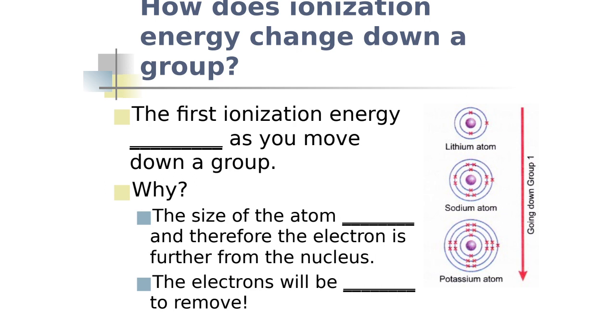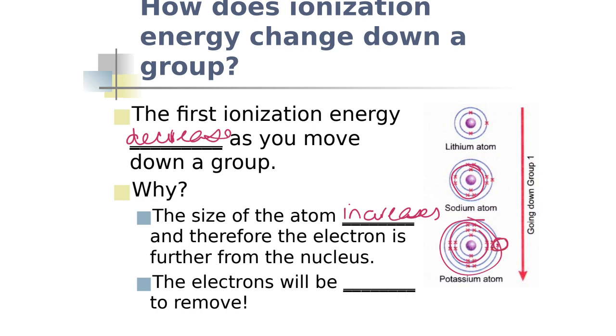As we move down a group, how much energy do we need to remove an electron from an atom? Well, the first ionization energy is going to decrease as you move down a group. And why is that? Because the size of the atom increases, as we're adding all these extra energy levels that make the atom bigger.